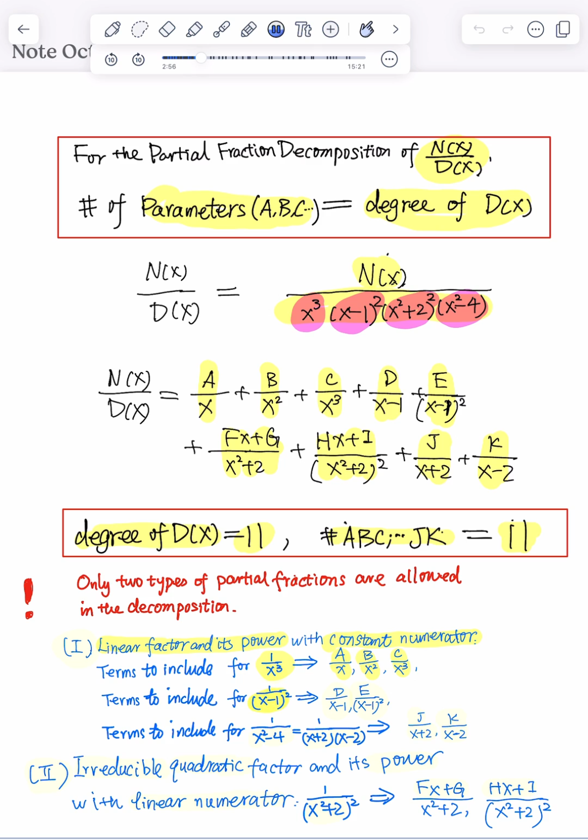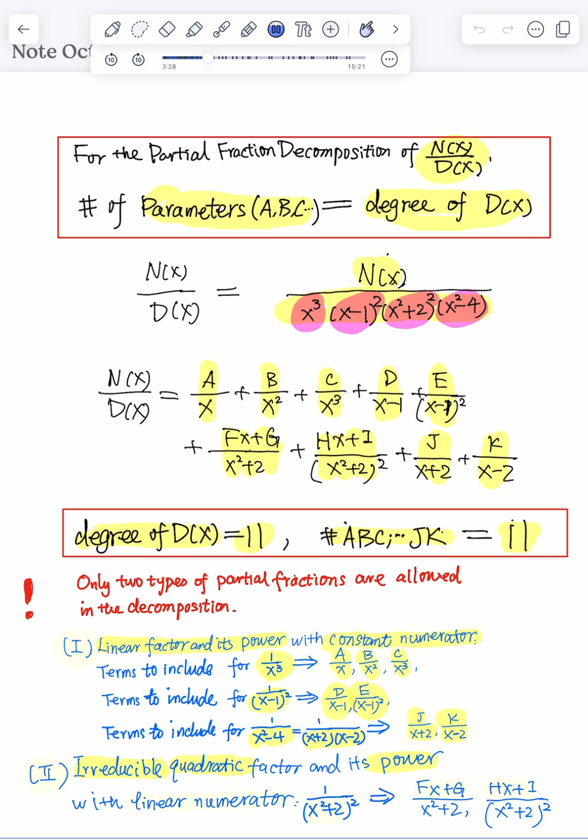And for x minus 1 squared in the denominator, we have d over x minus 1 and e over x minus 1 squared. For this x squared minus 4, we first break it into x plus 2 times x minus 2. Then we treat it as two linear terms with constant j and k on the top. The second is the irreducible quadratic factor and its power.